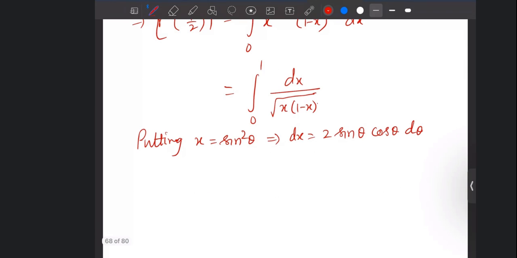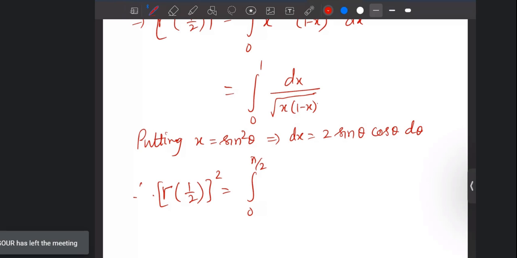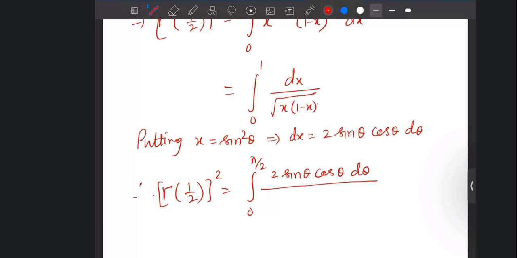So therefore the above integral, that is gamma of 1 by 2 whole square, will become integration 0 to pi by 2. The limit also changed. If x is equal to 0, theta will become 0. If x is equal to 1, theta will become pi by 2. So the limit will be changed to 0 to pi by 2, and the value of dx is 2 sine theta cos theta d theta, and the value of x is sine square theta.